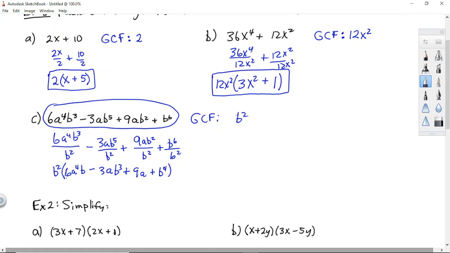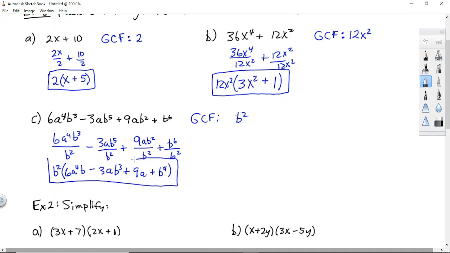The third term has the 9a times b squared. There it is, 9ab squared. And the fourth term, when we multiply it out, b squared times b to the fourth, that's b to the sixth, just like it should be. Okay, so it looks like it checks, and so that's our answer. We factored out the greatest common factor.